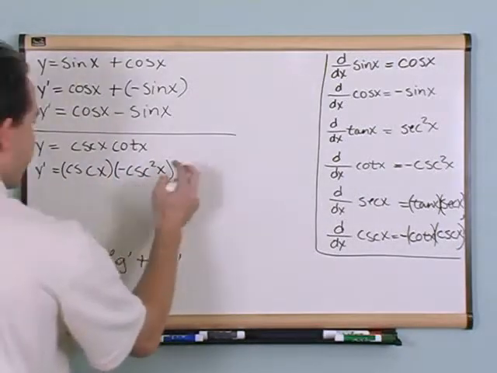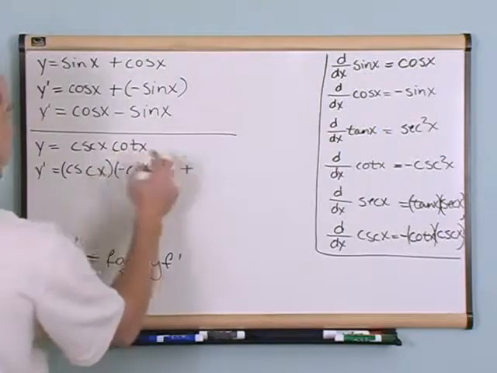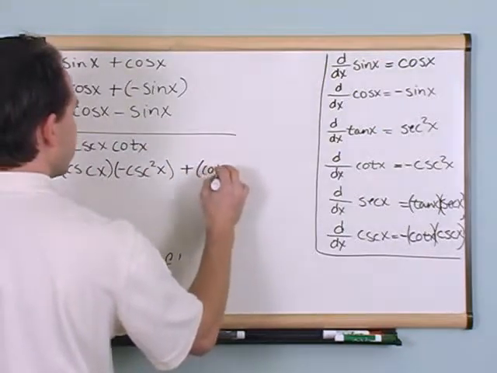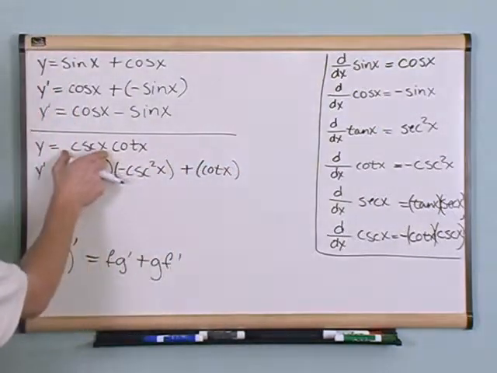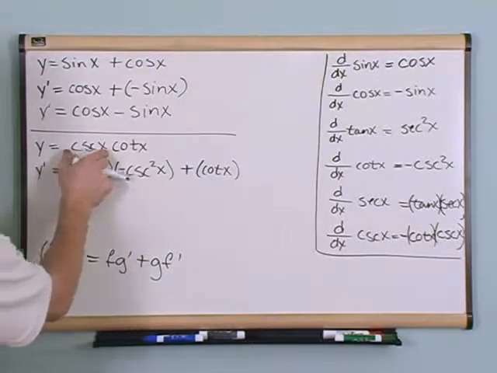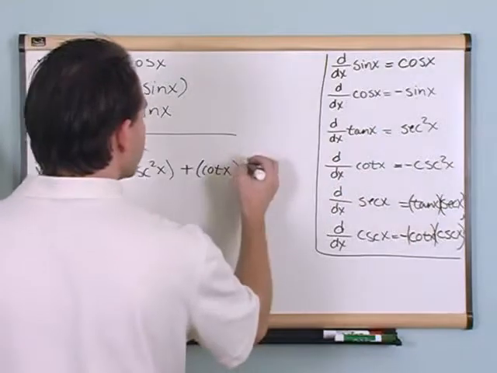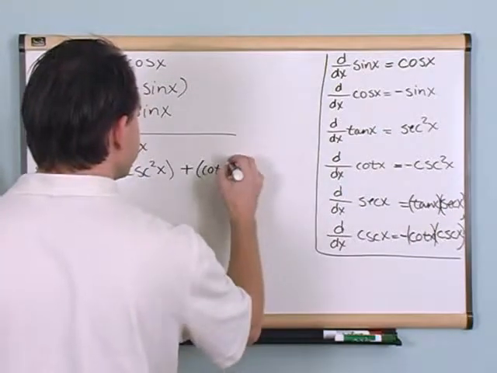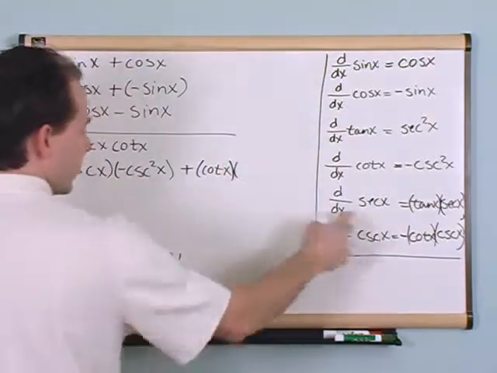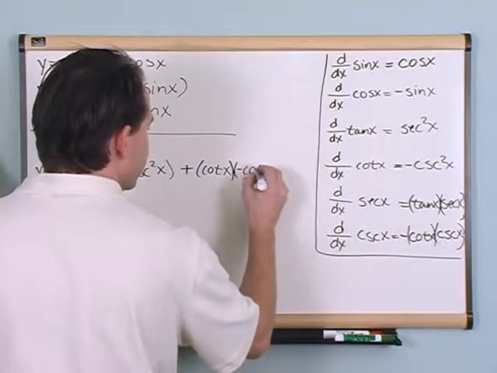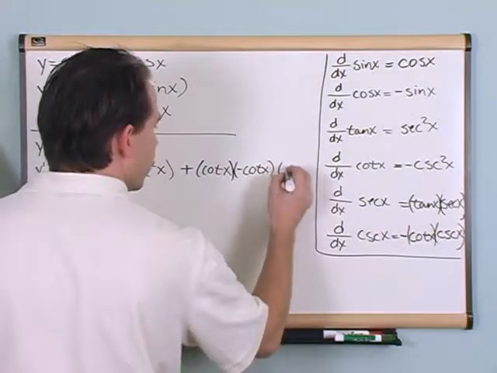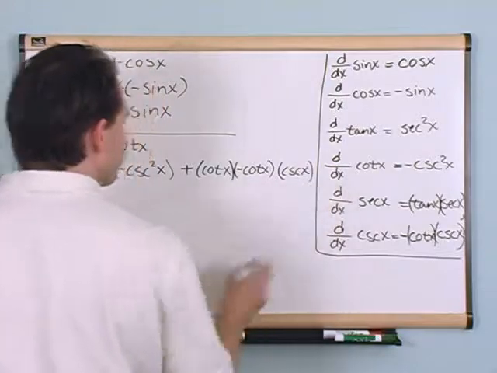First times the derivative of the second plus the second, which is cotangent, times the derivative of the first, which is derivative of cosecant. Derivative of cosecant is this stuff. And so what I'm going to have here is negative cotangent x cosecant x. Okay?